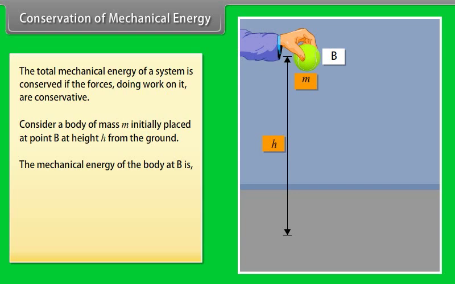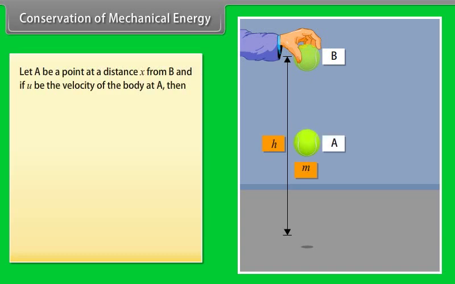The mechanical energy of the body at B is equal to kinetic energy of the body at B plus potential energy of the body at B, which is equal to 0 plus mgh, equal to mgh.